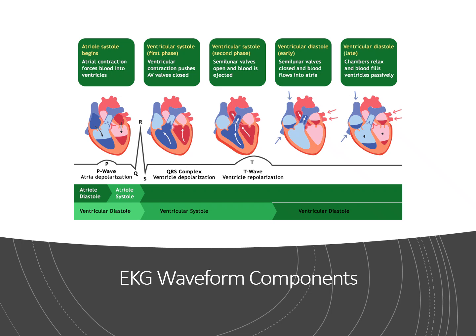So this whole system here is going to allow for that lub-dub that we hear when we listen to somebody's heart. And this is basically the heart filling, releasing the blood into the ventricles, filling, and then pushing that blood out to the body to supply energy and nutrients to the body.